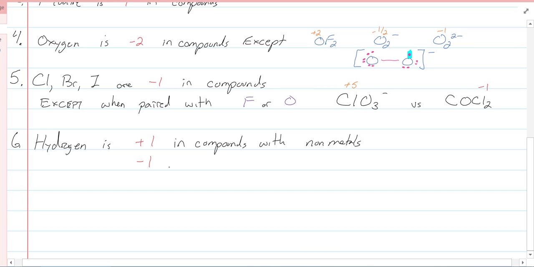It's -1 when paired with a metal, such as sodium hydride or calcium hydride. Then hydrogen's paired, it's written second, it's the anion. Okay. They exist, not usually water stable, but they exist.